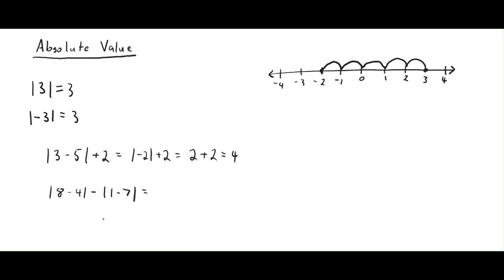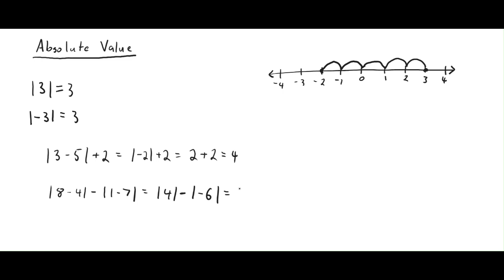I have to do those brackets first before I can subtract the two things. So 8 minus 4 in this bracket, that leaves a plus 4. It's still in absolute value, so we'll deal with that on the next step. Now 1 minus 7 will be minus 6. Okay. Start on your number line, go 7 to the left, you'll end up at minus 6.